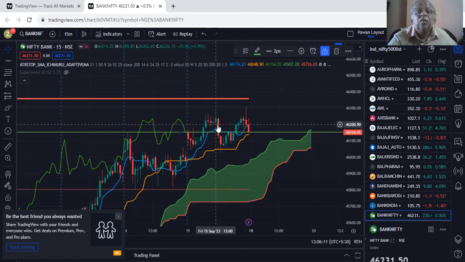See, 46,170. Just see what happened. 46,174. Tenkan-sen was at this level, and Kijun-sen was at 46,048. So obviously the difference is 126 points.